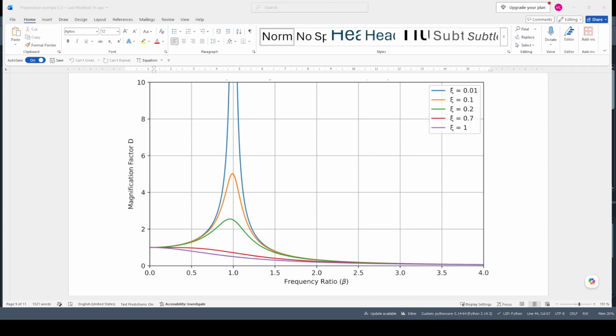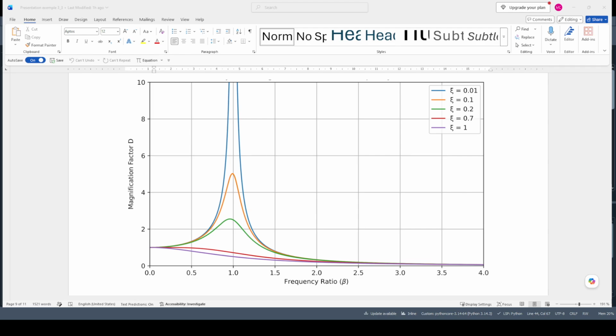We can see that there is a decrease in amplitude of displacement with increase in damping. It is maximum for 0% damping. And second observation, for frequency ratio equal to 1, that is resonance, the amplitude becomes maximum.